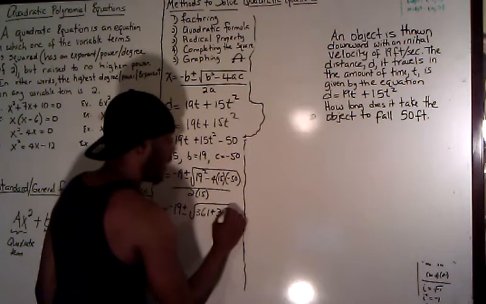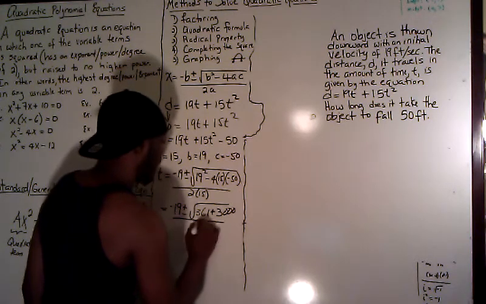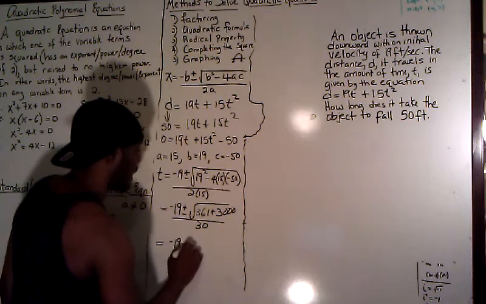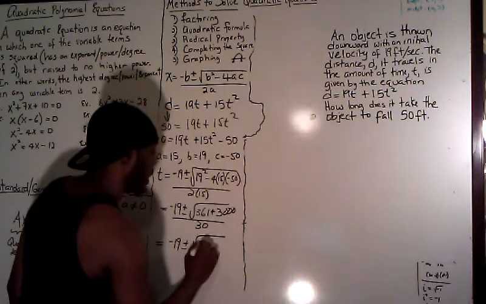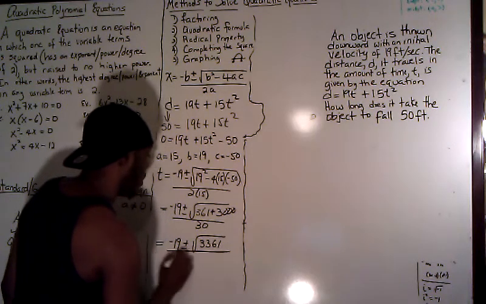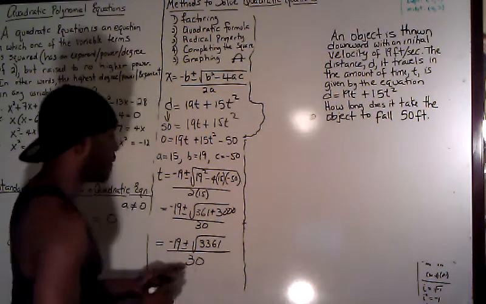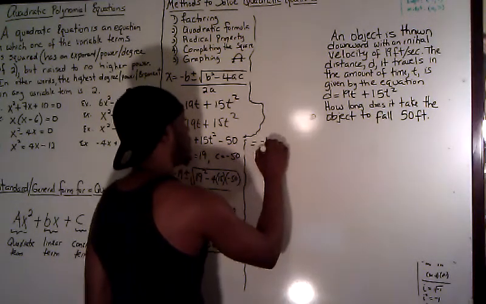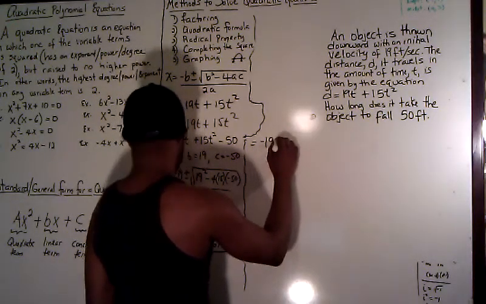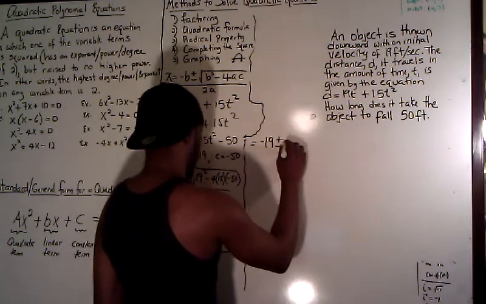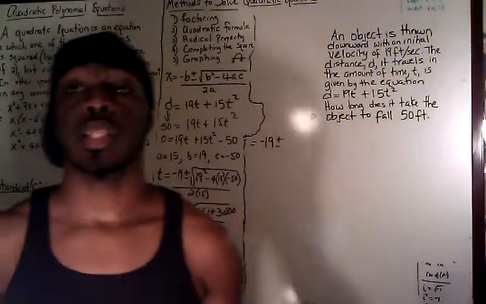So plus 3,000 here, all over 30. Then when we simplify this further, we'll have negative 19 plus or minus the square root of 3,361, all over 30.